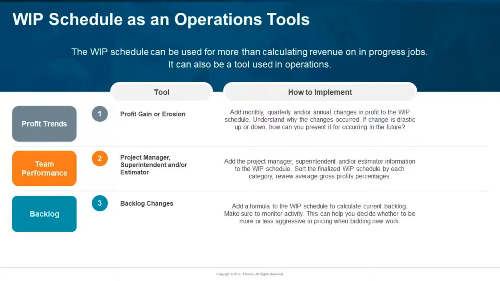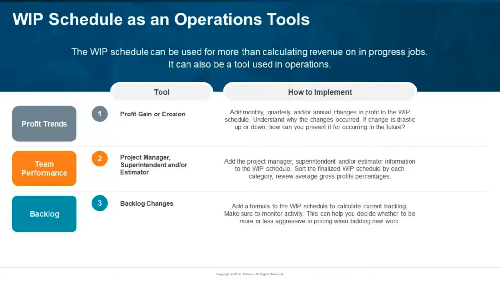Okay, so operations tools that you can use on your WIP schedule are those profit trends. So you can see where your profit gains are, if you had profit erosion, if there's been a drastic change up or down, and what you can do to prevent that occurring in the future, right?